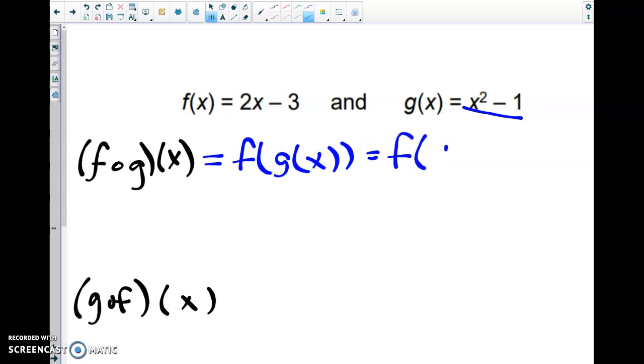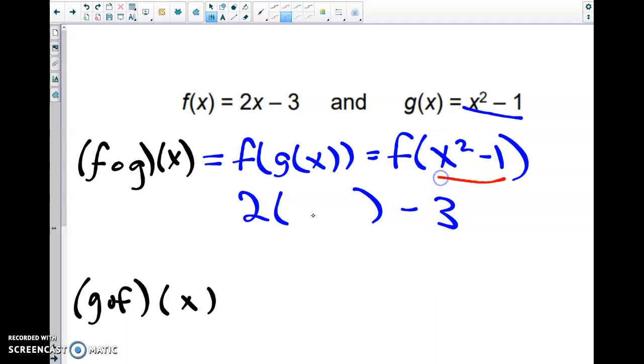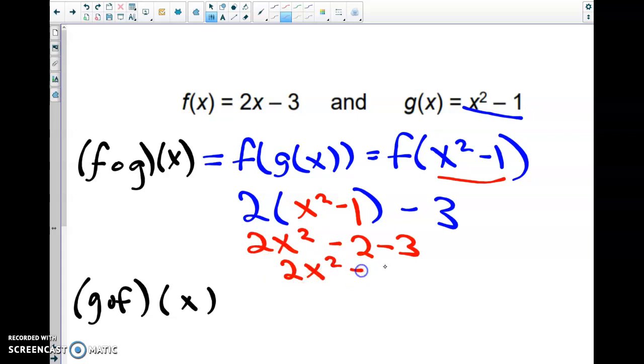So we're finding f of x squared minus 1. F is 2 times x minus 3, so 2 times x minus 3, and I am inputting x squared minus 1. So this will be 2x squared minus 2 minus 3, so that will simplify to 2x squared minus 5 for f of g of x.